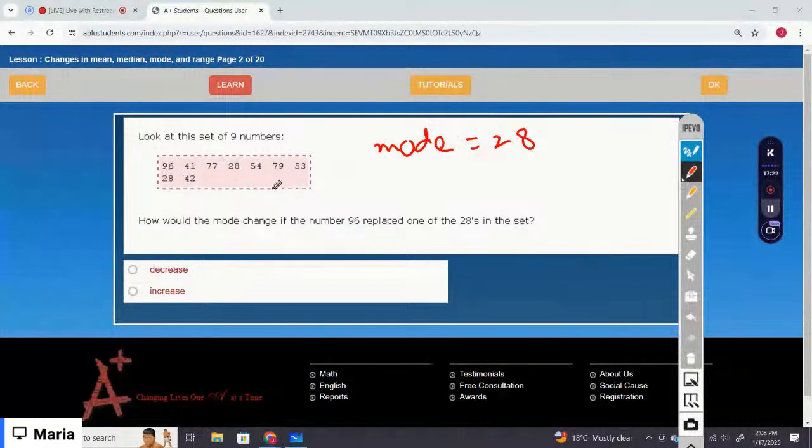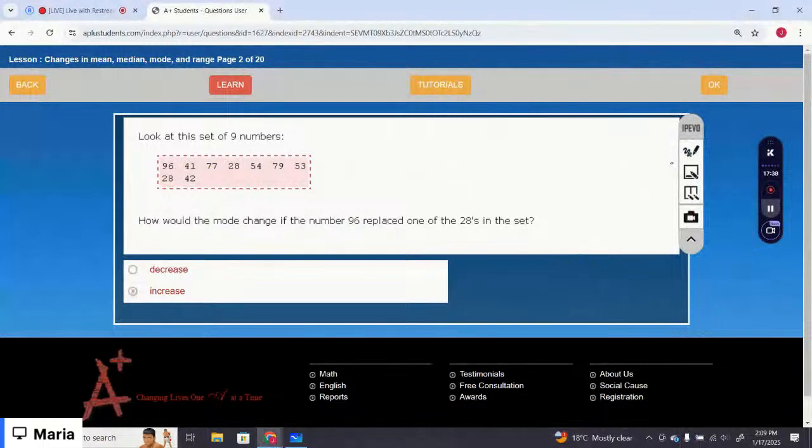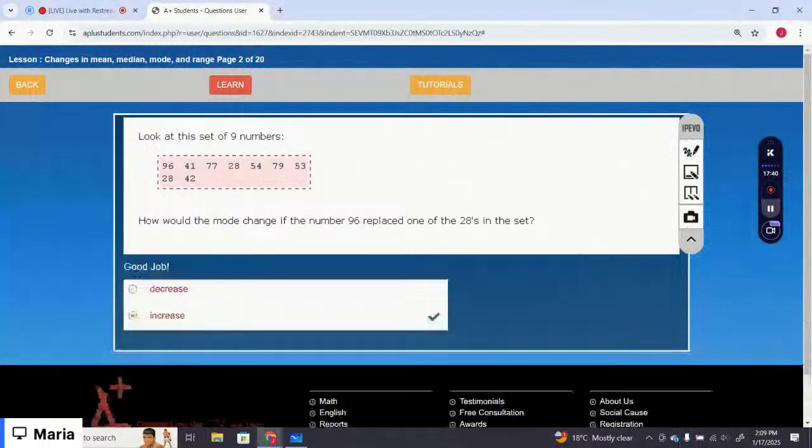Now one of the 28s is replaced by 96. So now the mode is changed to 96. So that means the mode is increased. The correct option is increased. Option number 2 is the correct option.